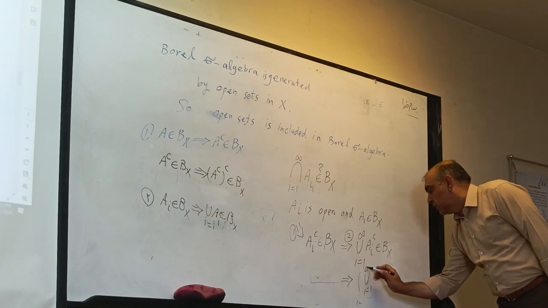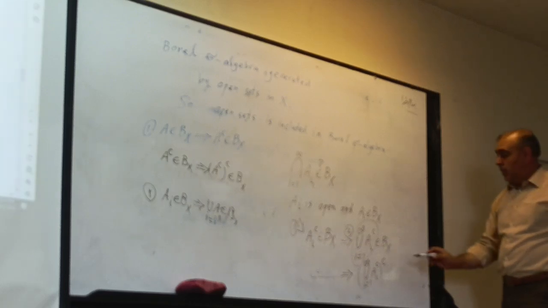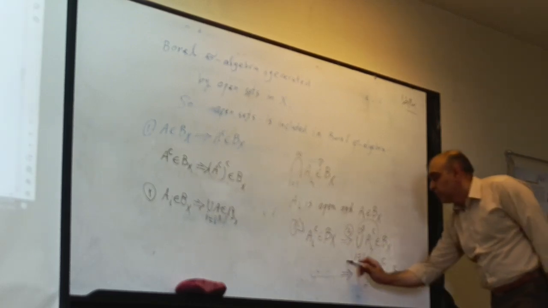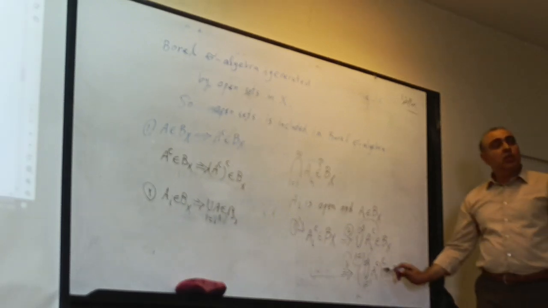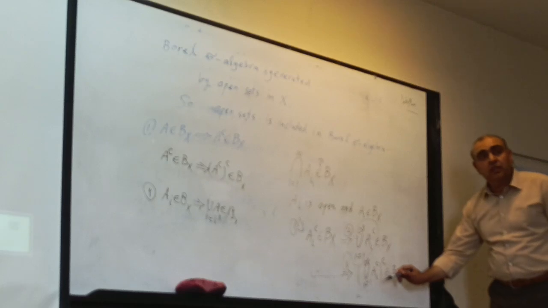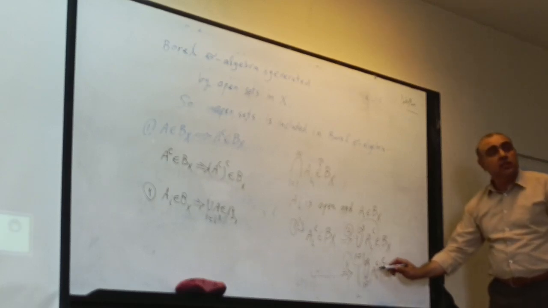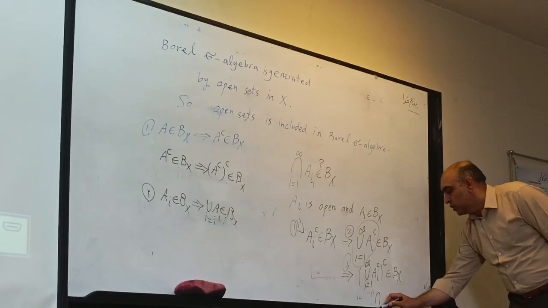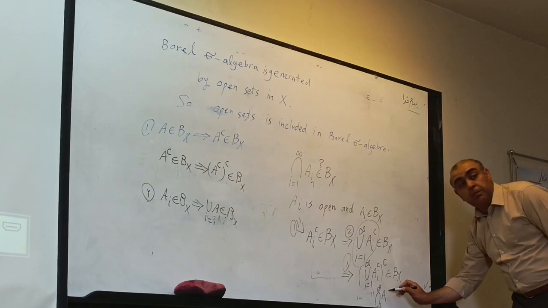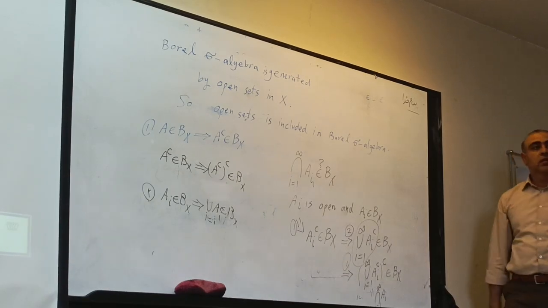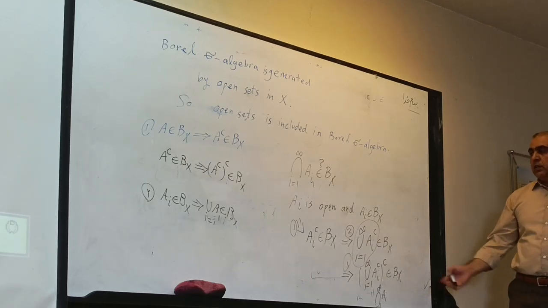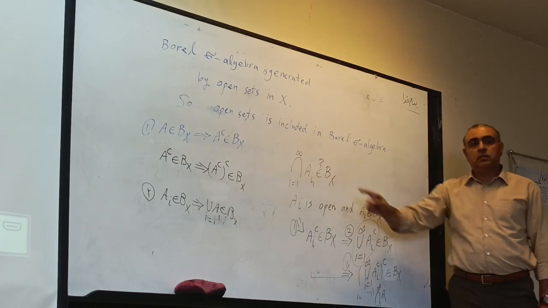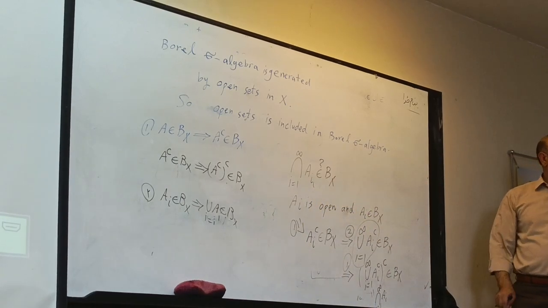By De Morgan's rules, the complement of the union of Ai complements equals the intersection of the Ai. We have proved that the intersection of Ai belongs to Bx. Any question?